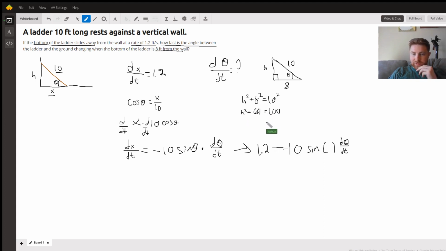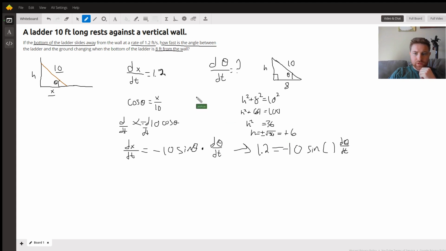Subtract it over, and we get 36. This is h squared. h is going to be plus or minus the square root of 36, which is plus or minus 6. But since this is a real world application and the height is going to stop at 0, we don't need to worry about the negative. So we're going to focus on the positive 6.